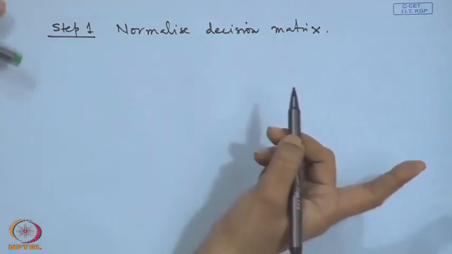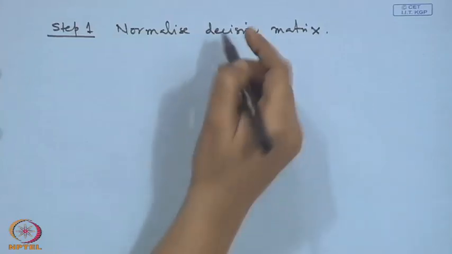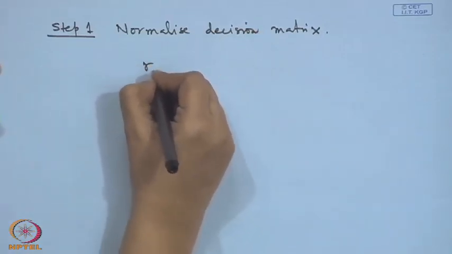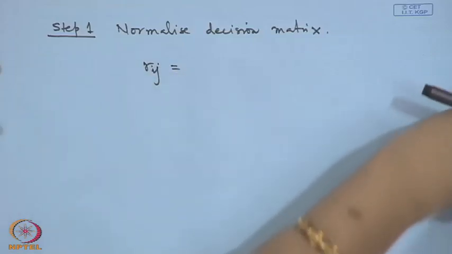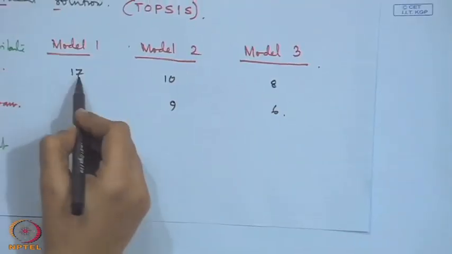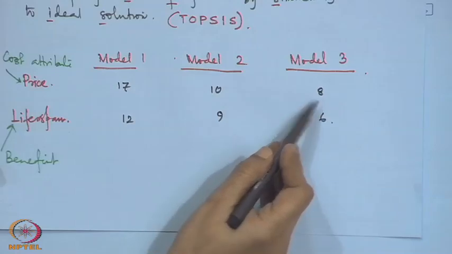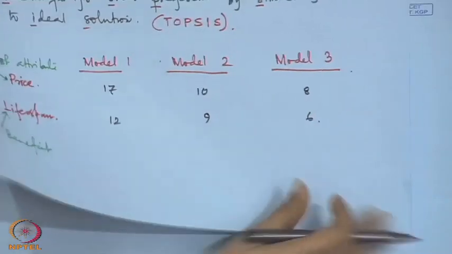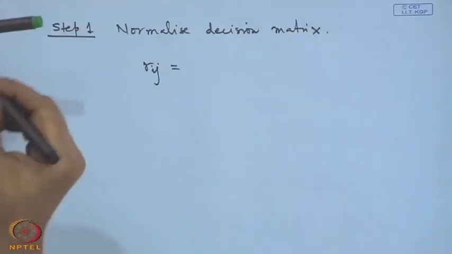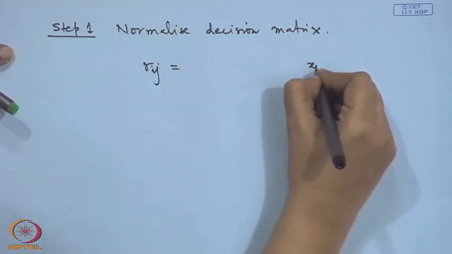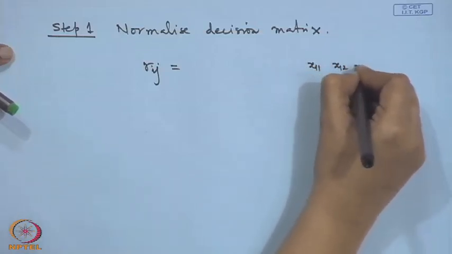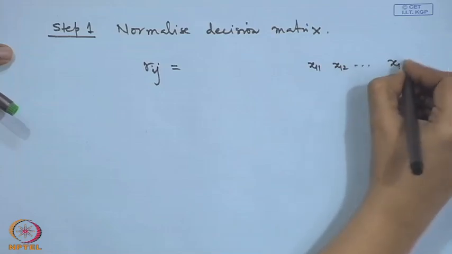Just now I showed the decision matrix, and this normalization is done with this process. We have a matrix x11, x12, x13, x22, x23 in that way. If I consider a multi-attribute process, we have the matrix in this fashion: x11, x12, this is the decision matrix for us.